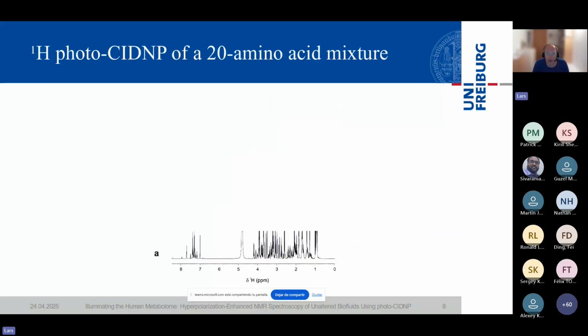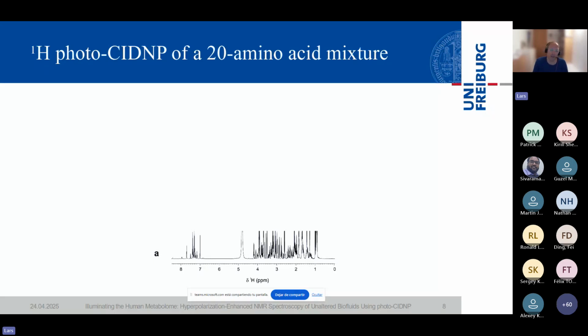We prepared an aqueous mixture of the 20 naturally occurring amino acids. As you can see here in the proton spectrum, we expected a very crowded spectrum, especially in the aliphatic part. That's because most of those amino acids have aliphatic side chains, but there are also a few aromatic ones, so even the aromatic region of the NMR spectrum is quite congested.